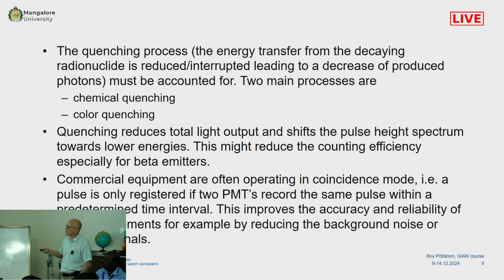Commercial systems often operate in so-called coincidence mode, which means that the pulse is only registered if two photomultiplier tubes record the same pulse within a short time period. This improves the accuracy and reliability of the measurements, for example, by reducing the background noise or spurious signals.